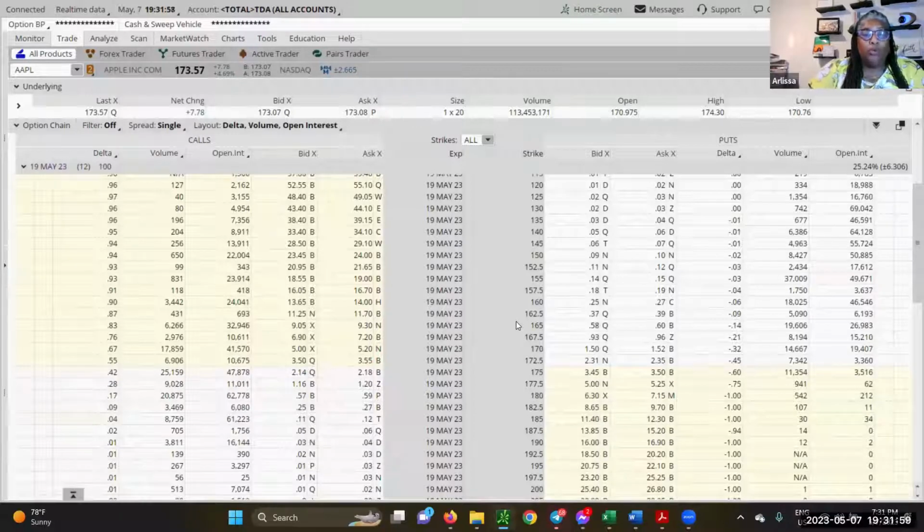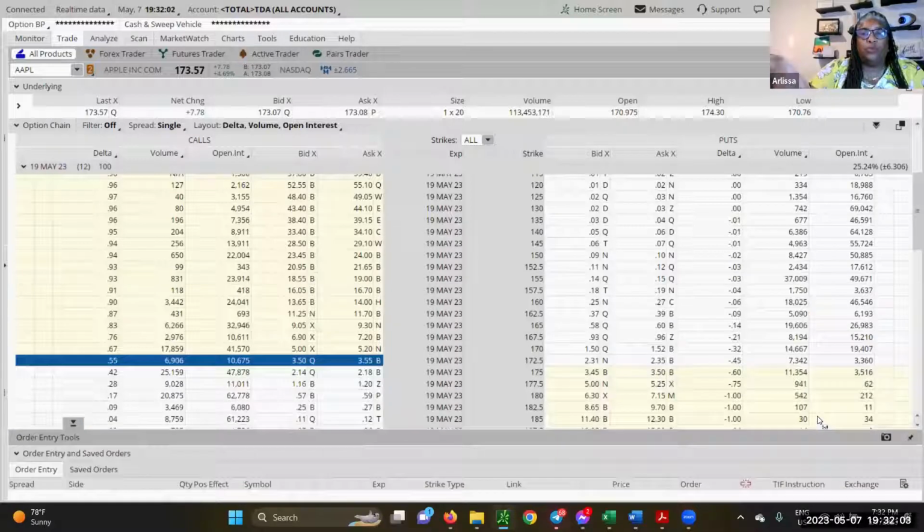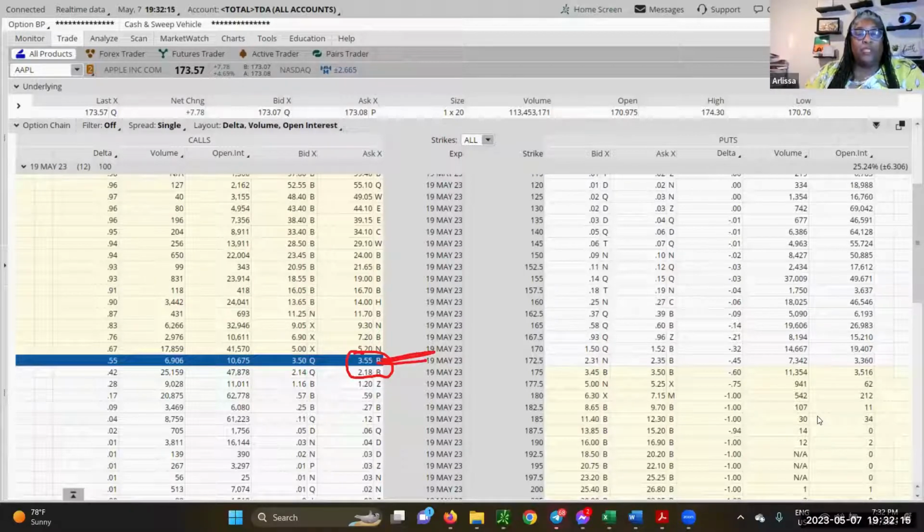If you're buying a call, you're going to spend $350, $200, or $350 on these trades, and you hope they do what you want them to do. If you enter this 172.5 for $355, first of all, you're going to pay $355 right off the rip.